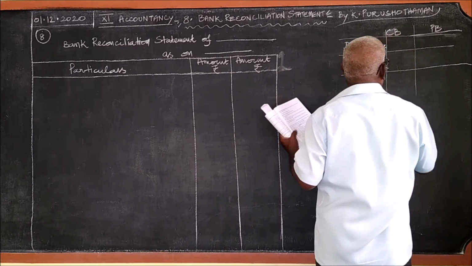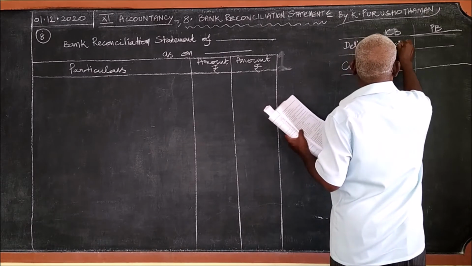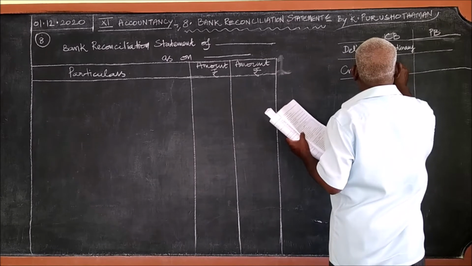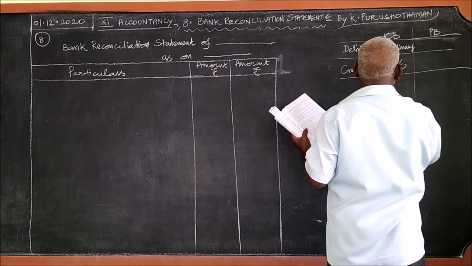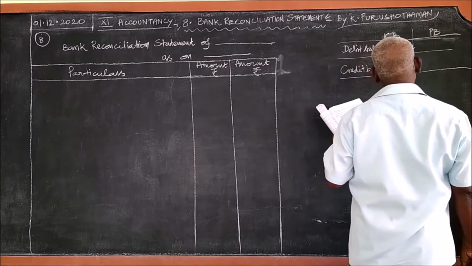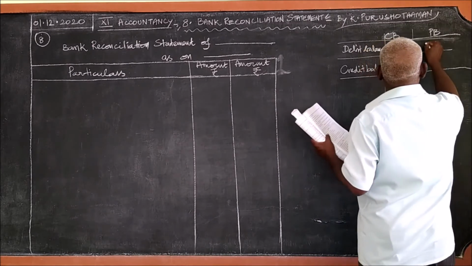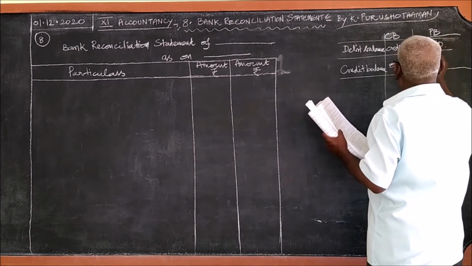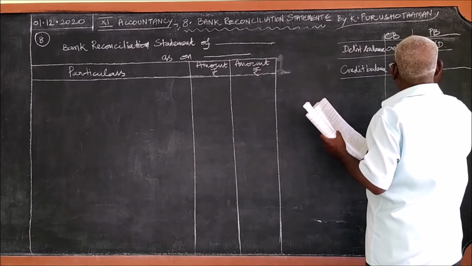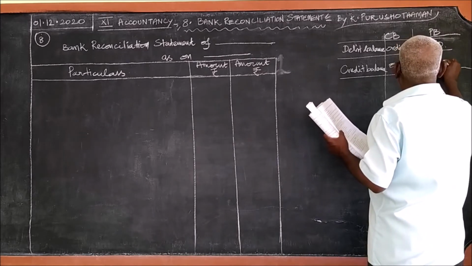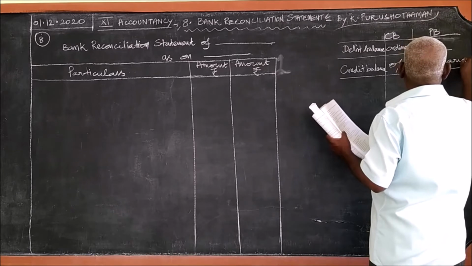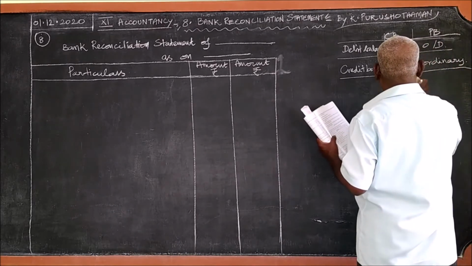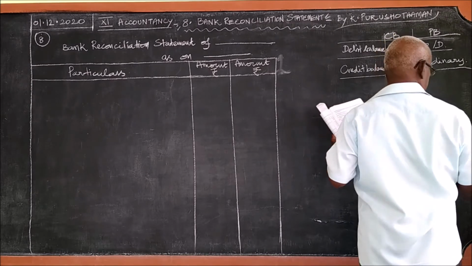In cash book, debit balance is ordinary balance, credit balance is overdraft balance. In passbook, just opposite: debit balance is overdraft, and the credit balance is ordinary balance. That is a favorable balance. This you should bear in mind. This is very important.